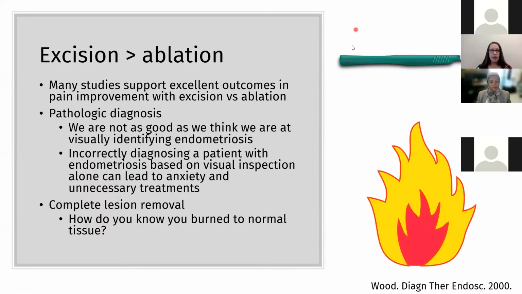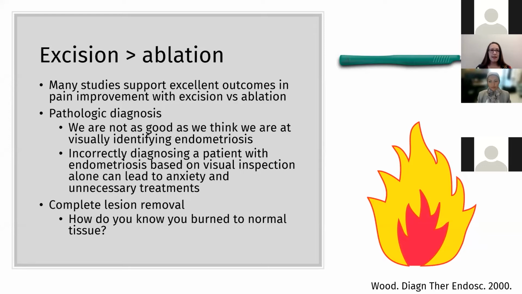So there's a lot of ongoing debate in endometriosis circles about excision, which is the cutting out of the lesion, versus ablation, which is almost using an electrosurgery approach to cauterize the lesion. And so that's why you see the scalpel and the fire on the right-hand side. There are many studies that support excellent outcomes in pain improvement with excision versus ablation.